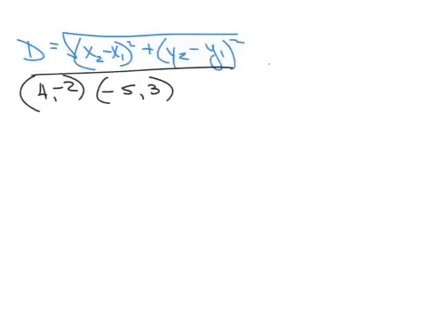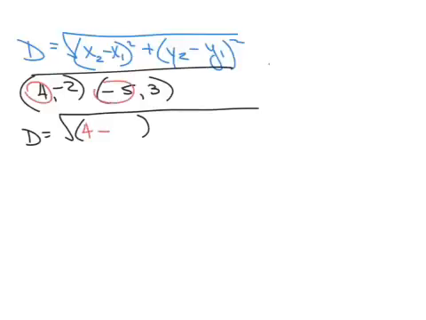I'm going to use this formula. So I'm going to rewrite this and substitute x's. I'm going to use this 4 as my x2 minus this negative 5 as my x1, and then this negative 2 as my y2 minus 3 as my y1.